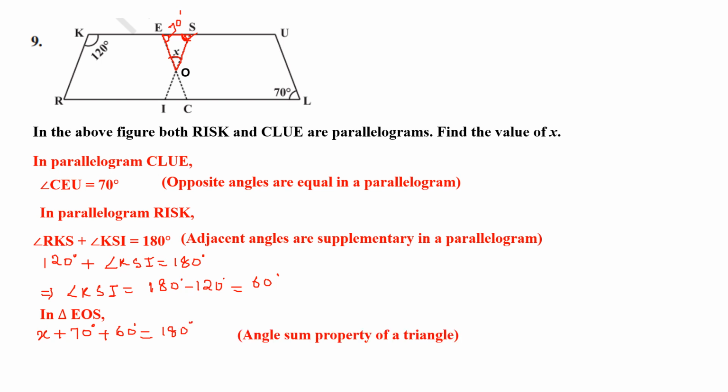And the reason is angle sum property of a triangle. So x plus 130 degree is equal to 180 degree. And the value for x will be 180 minus 130 degree, which will give me 50 degree. So the measure of x is 50 degree.